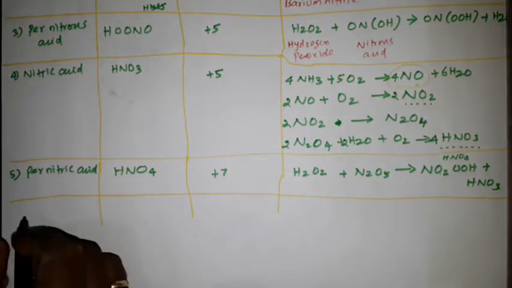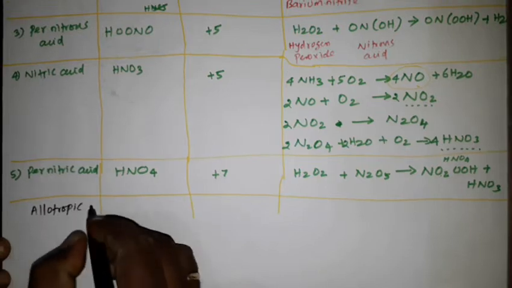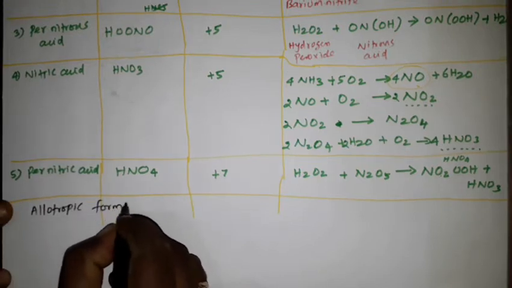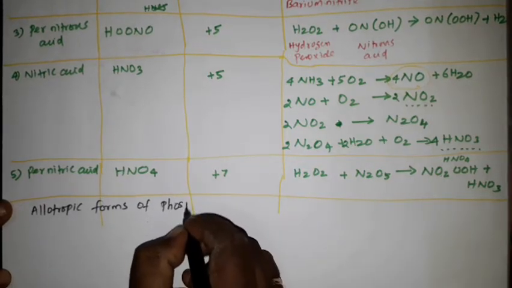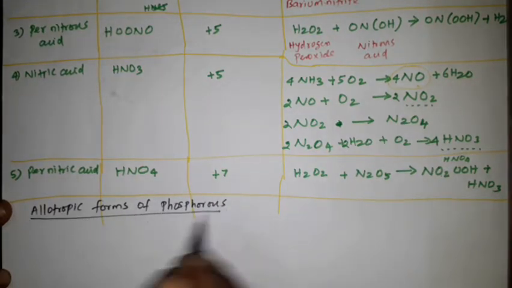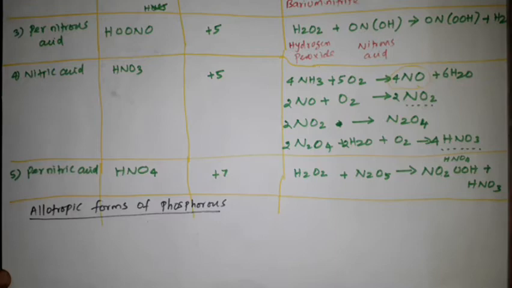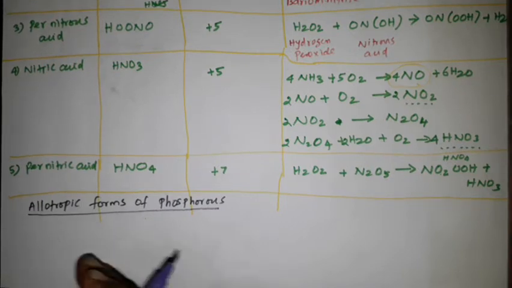So my dear students, now we are going to discuss the allotropic forms of phosphorus. In the last topic, carbon, we studied allotropes of carbon.